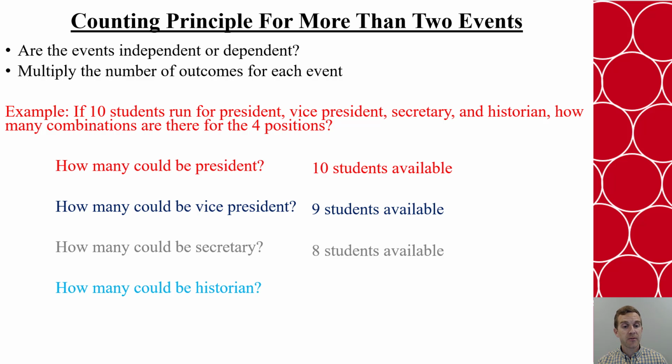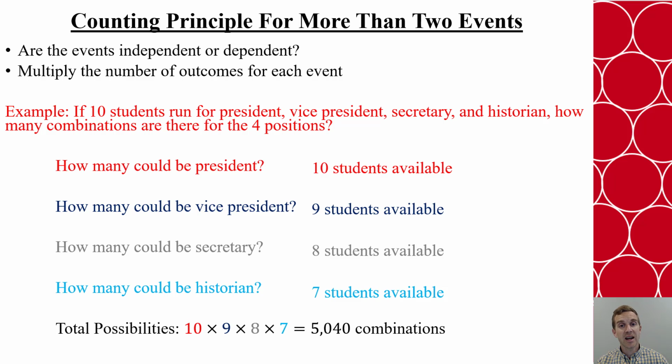And then if we think about historian, we've chosen 1 for president, 1 for vice president, 1 for secretary, so there's only 7 students available to be historian. So then when we want to know the total number of combinations, that's 10 times 9 times 8 times 7, which is 5,040 different combinations.